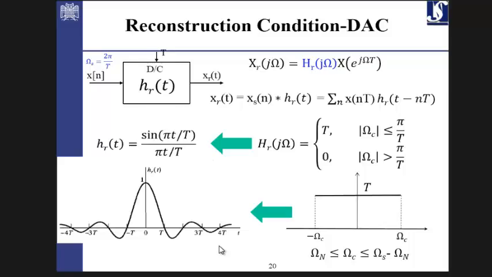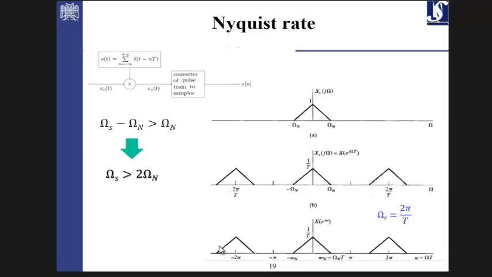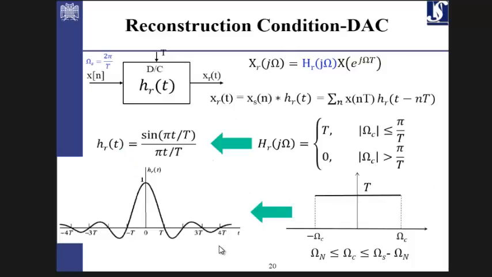Now, if you want to take it back, as I showed in the previous slide, you need to put a filter here to get back if you don't do any process. The filter here should be an ideal low-pass filter if you want to get it back. We saw that the gain is 1 over T. So in order to be back, you need to have a gain of T for those components which we need to be given a gain.